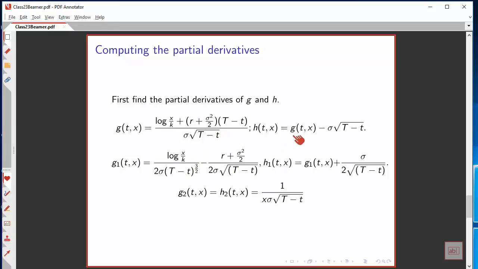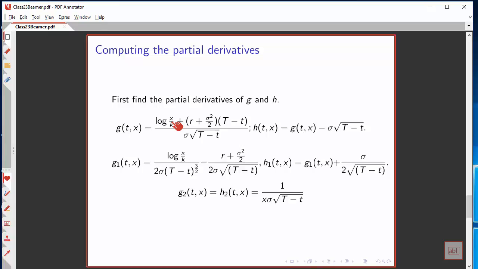When I take the partial derivative of h, I get the same thing that I got from g, but there's an extra term resulting from differentiating this with respect to little t. Taking the partial derivative with respect to the second argument, x, is quite a bit easier because the only place that x shows up is there.